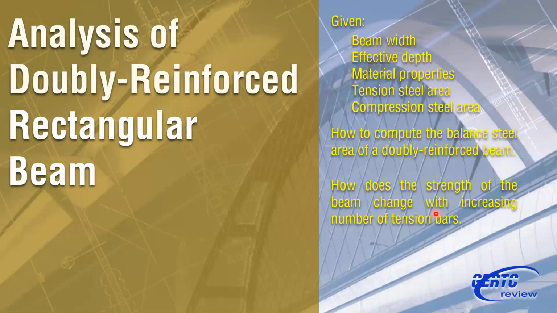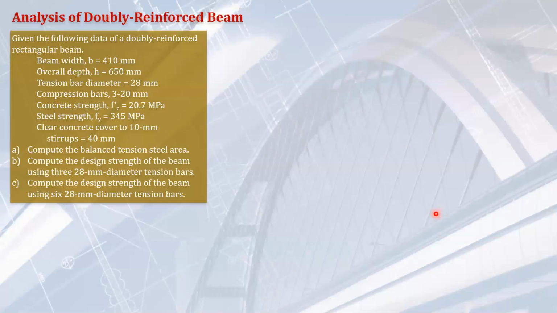Okay? So this is our problem. Given the following data of a doubly reinforced rectangular beam: beam width 410, effective depth 650, tension bar 28 mm, compression bar 20 mm, concrete strength fc prime and Fy given, and the concrete cover to the 10 mm stirrups is 40 mm. The first question is the balanced steel area.